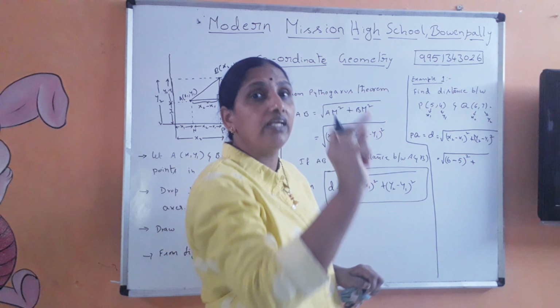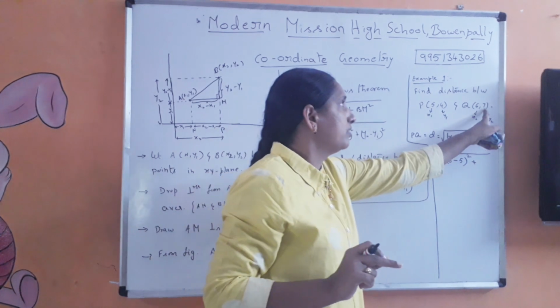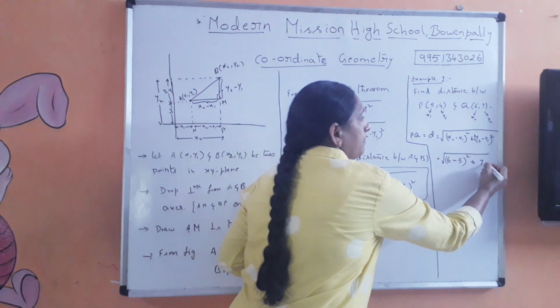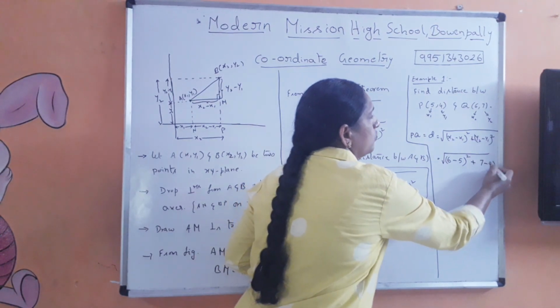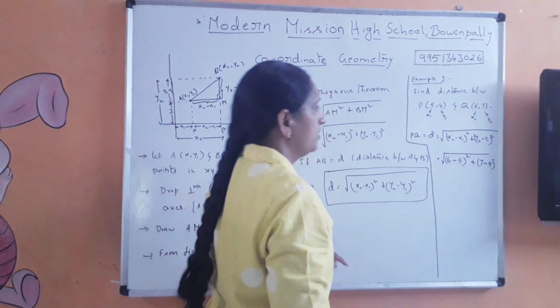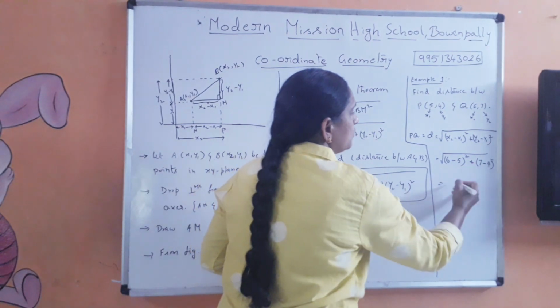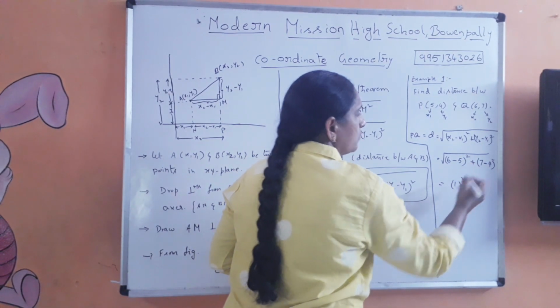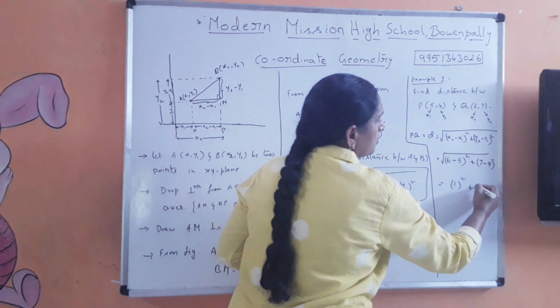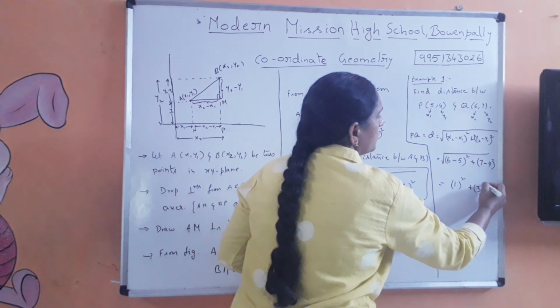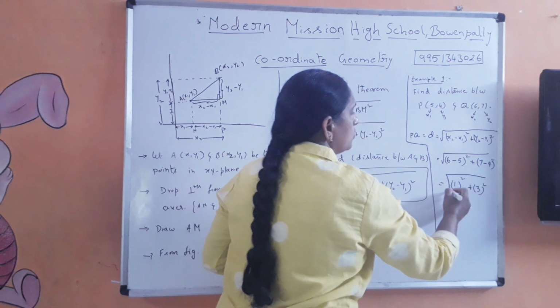Ordinate means the y coordinate of the second ordered pair. That is 7 minus the ordinate of the first point, 4, whole square. So 6 minus 5 is 1 whole square, plus 7 minus 4 is 3 whole square, under the root.